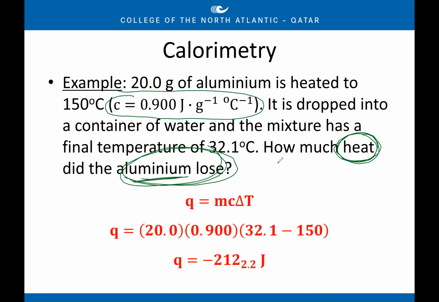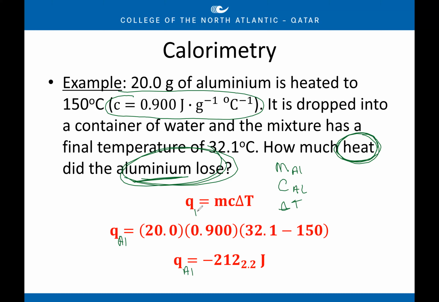So you're going to use the mass of aluminum, the heat capacity of aluminum, and then of course delta T is as normal, final minus initial. The reason that's important is I'm asking you for the heat of the aluminum. This does not form a solution. I'm dropping a solid chunk of metal into some water. To find the heat of aluminum, you can use little subscripts if you want.